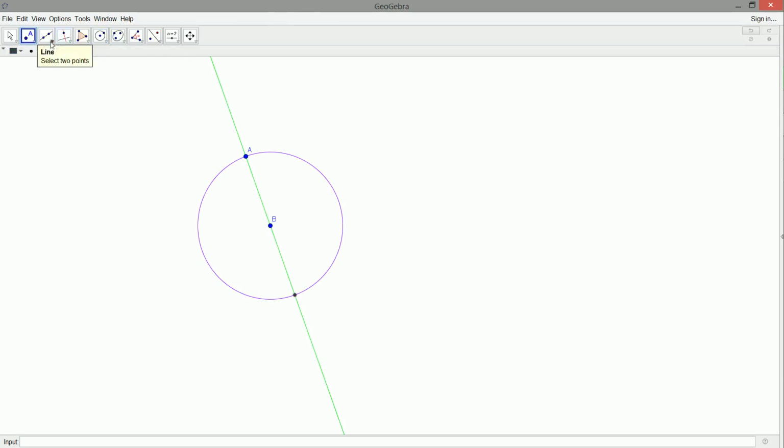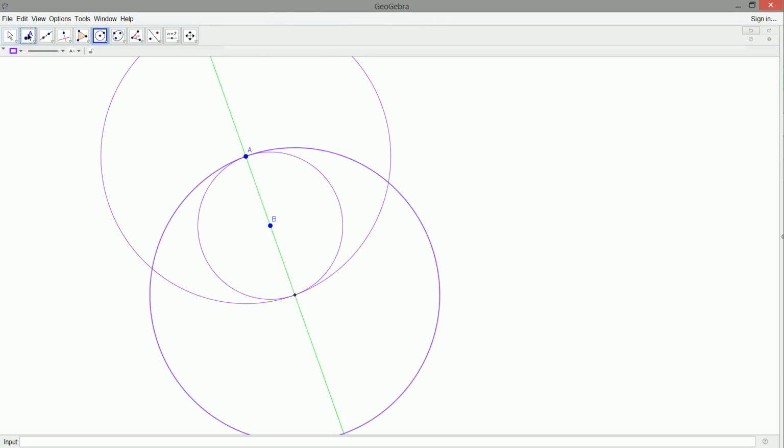So let's get a perpendicular line to AB going through B. Intersection of the point of these two circles, and then we connect these points up, and it runs through B, and it's perpendicular to our starting line AB.